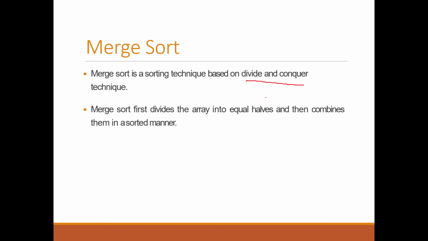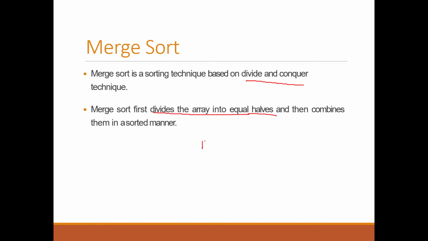Okay, so we are here going to divide the task of sorting into smaller parts, sort the smaller parts, and then keep on combining their results to get the final sorted array. Okay, so what is the first step? It divides the array into equal halves.